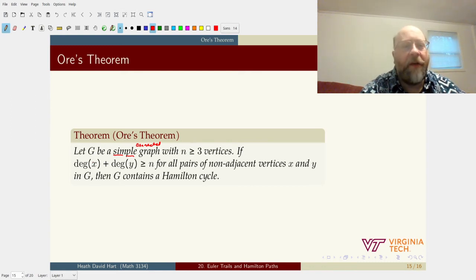If the degree of x plus the degree of y is greater than n for all pairs of non-adjacent vertices x and y, then G contains a Hamilton cycle. And so we have this condition about the degrees, and if we meet this condition, then the graph contains a Hamilton cycle. But it's not an if and only if statement. If this condition fails, we still might contain a Hamilton cycle, but it's not guaranteed anymore.